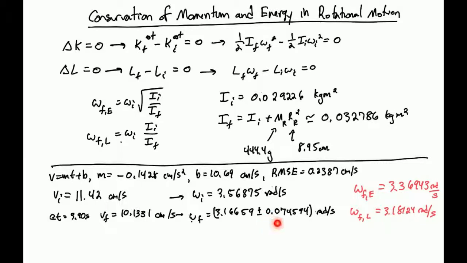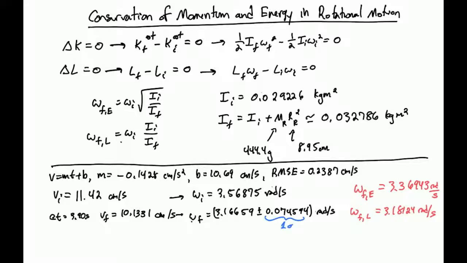First, check that our accuracy is 0.07, so we should definitely be able to differentiate between these two. The difference is 0.18 to 0.36, so we should definitely be able to determine which one of these is more correct. And actually look at our answer, 3.166. It is very clearly closer to the conservation of momentum answer rather than the conservation of energy answer.